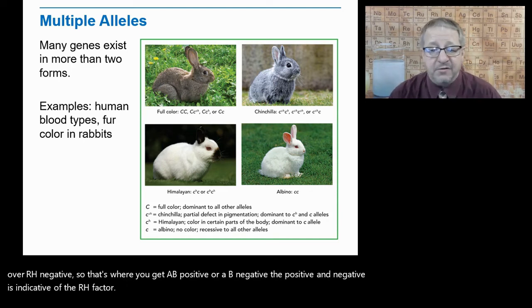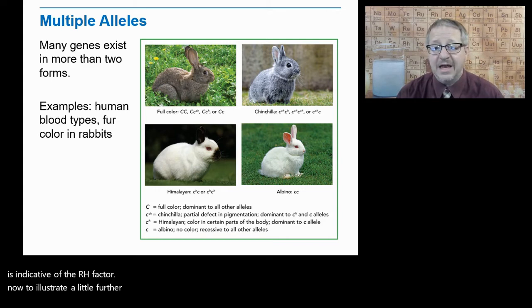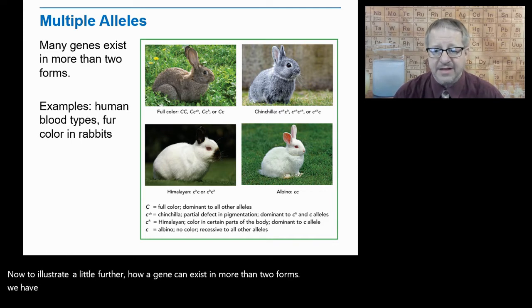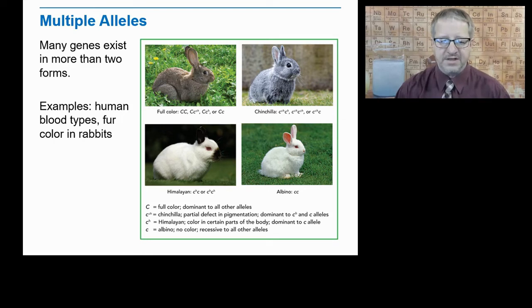Now, to illustrate a little further how a gene can exist in more than two forms, we have some rabbits here that can provide an example. So, for instance, if we have a big C, that is full color.